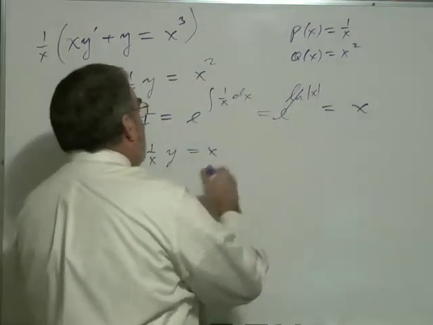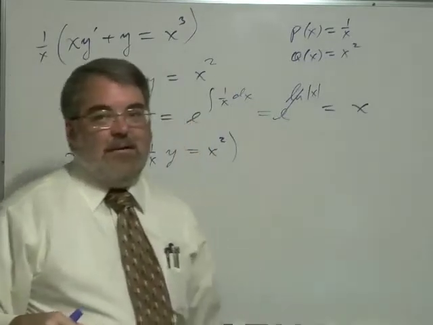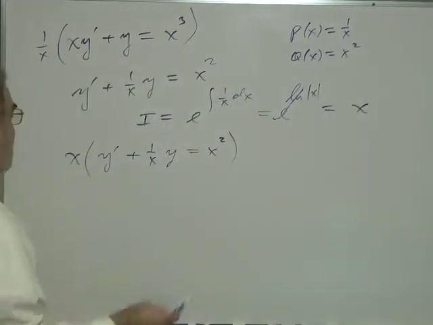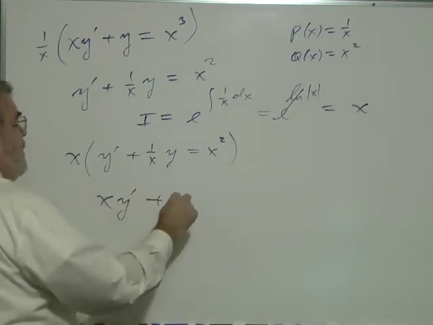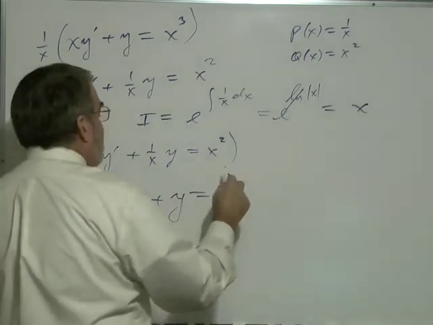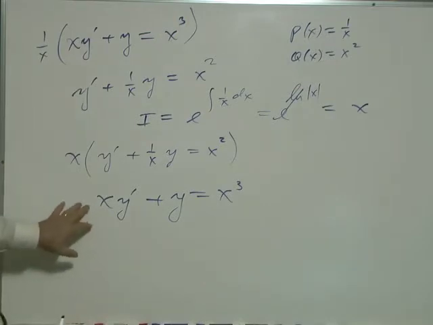It's always amused me a bit that I could have just started with the original problem and gone from there. Because now we're back to x y prime plus y equals x cubed. So this is the adjusted form from this format. Of course, as you can see, that's what we started off with. This might be the only problem like that in your book, so that was, I'm sure, a fluke.